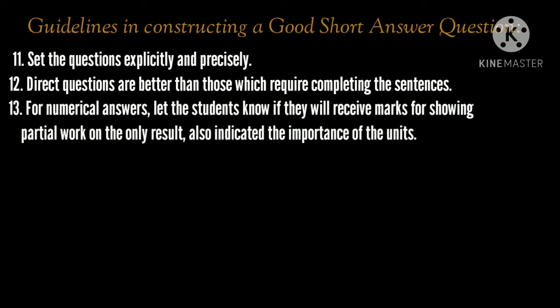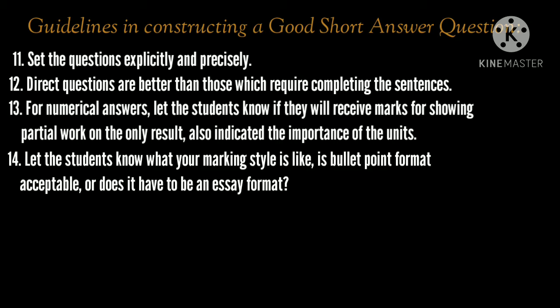Number 13, for numerical answers, let the students know if they will receive marks for showing partial work or only the result. Also indicate the importance of the units. Number 14, let the students know what your marking style is like. Is bullet point format acceptable?